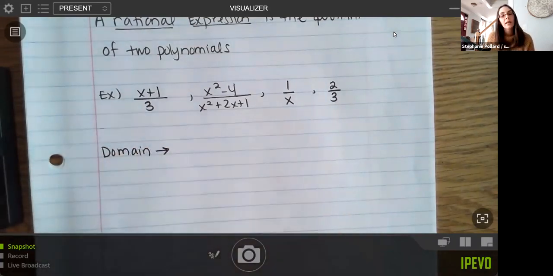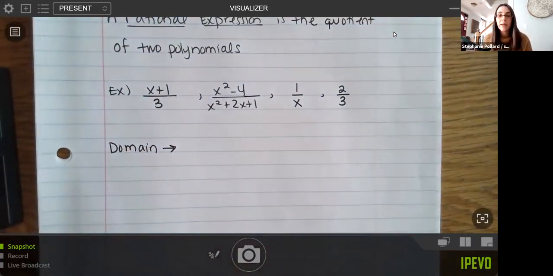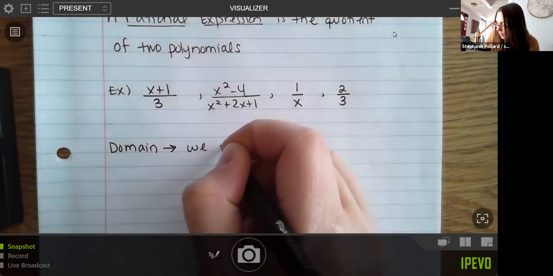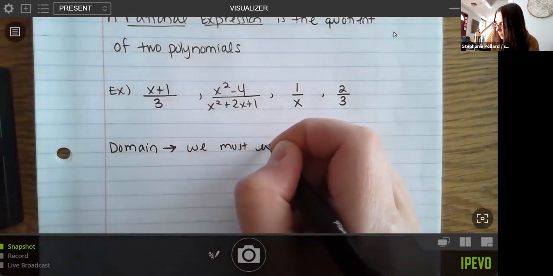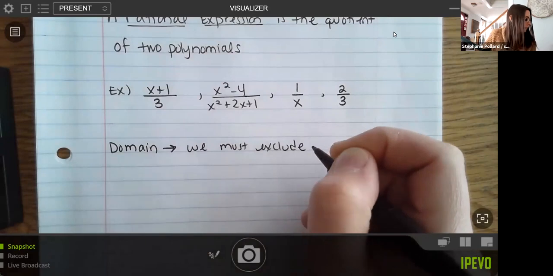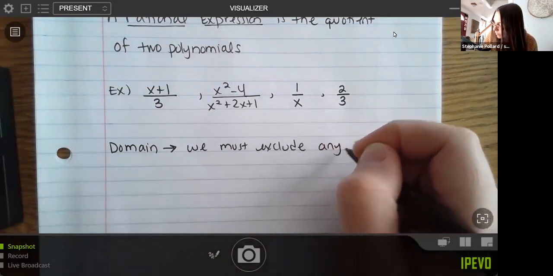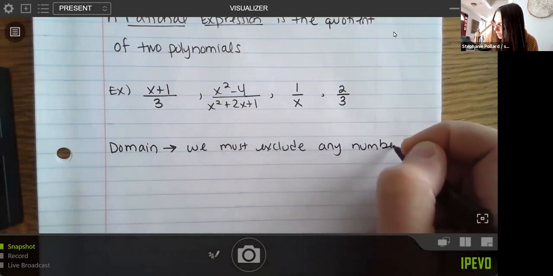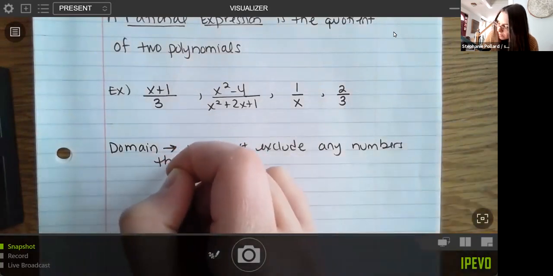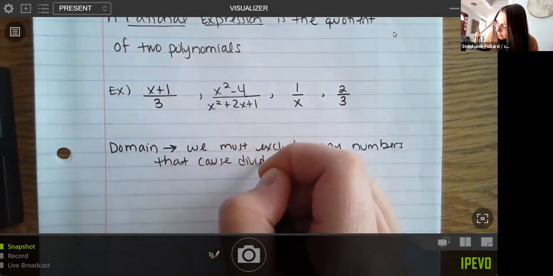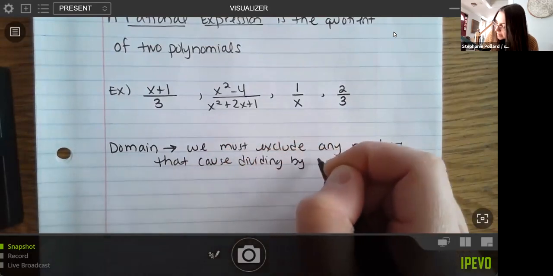Now, when finding the domain here, the big thing we have to watch out for is making sure we do not divide by 0. Okay, so we must exclude any numbers that would cause dividing by 0.